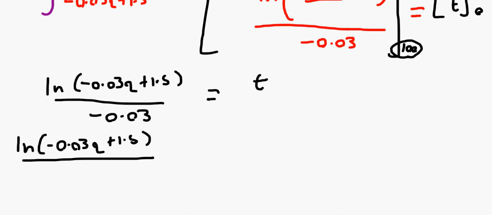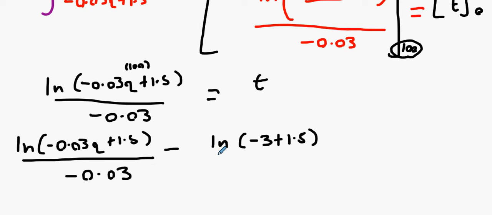Now what I'm going to do next is take away the 100, so q is going to be 100, so it's going to be minus ln of 100 times that, which is minus 3 plus 1.5 over 0.03, and all that equals t.